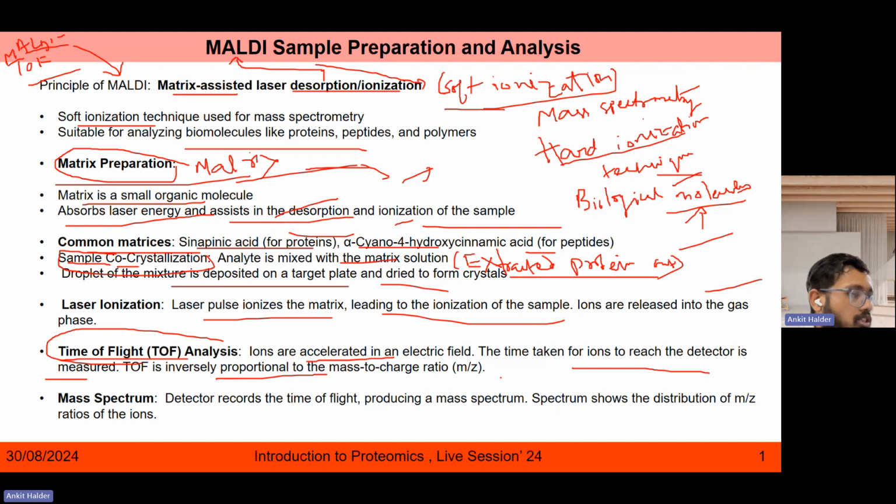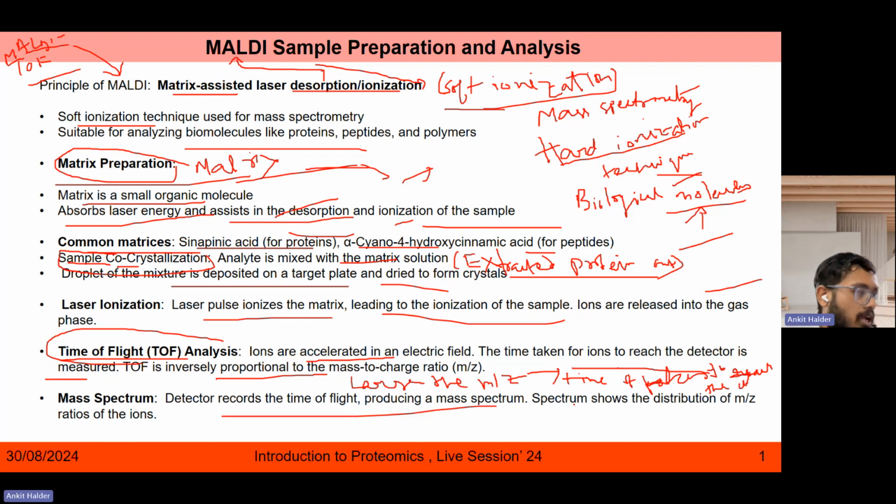It is related to the m/z, so the larger the m/z, the longer it takes, and the ions get resolved on the basis of the time they take to reach the detector.